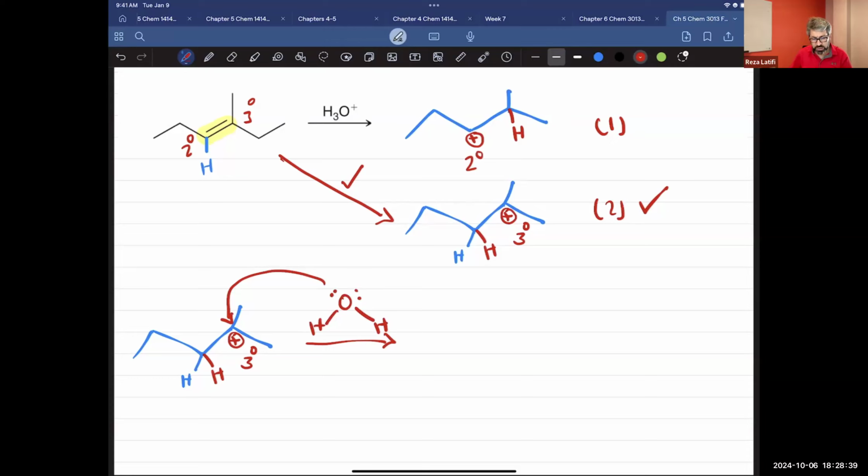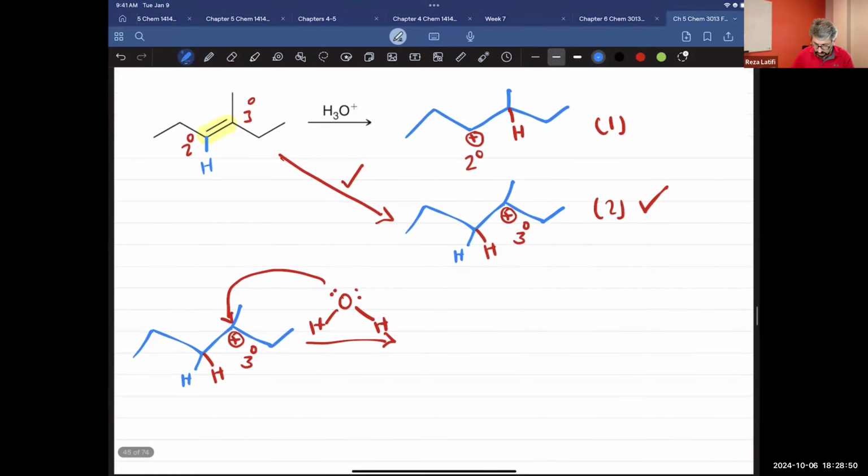Okay. And forgive me, I forgot to draw an ethyl group here. Okay. And in that case, I get this molecule. So H was added here, and the OH we added to this carbon.